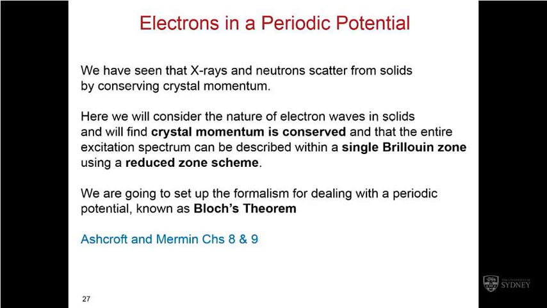So now we are going to put in a potential, and the whole aim of this is to look at Bloch's theorem and do a little bit of a derivation to show you how Bloch's theorem arises, which gives a wave function for an electron in a periodic structure. And we'll see what form that wave function has.